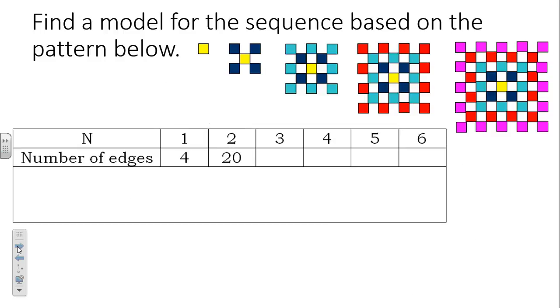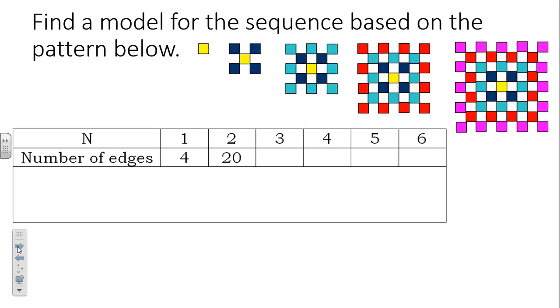All right, so next one, we're going to use a model, or use the pictures, the images here, to come up with a sequence based on a pattern. So our table has n for our term number, and then the number of edges are given for the first couple.